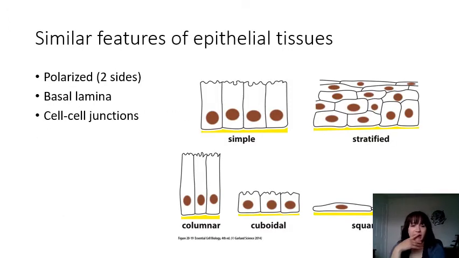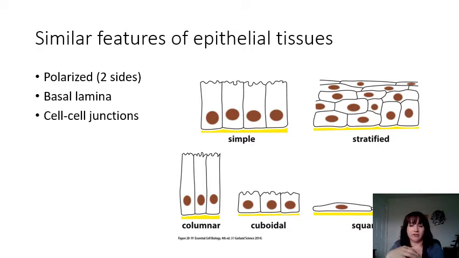And so here we have some common features of epithelial tissues. First of all, they usually have a top and a bottom. And when something has two sides, we call it polarized. Right? The bottom of the tissue has a basal lamina, so that's usually called the basal side. And then the other side is often facing a lumen or an empty space, and that's called the apical side.